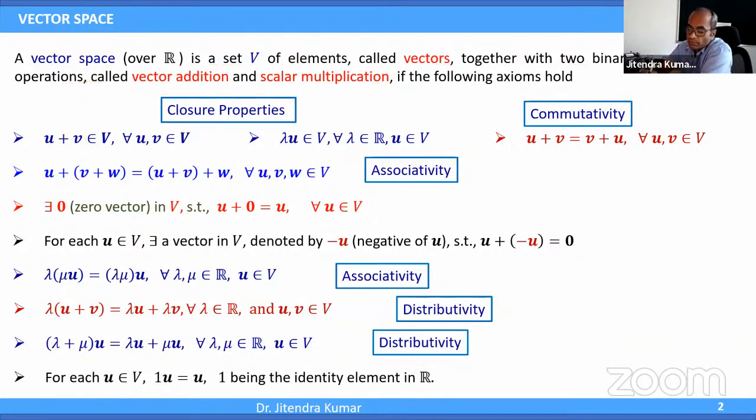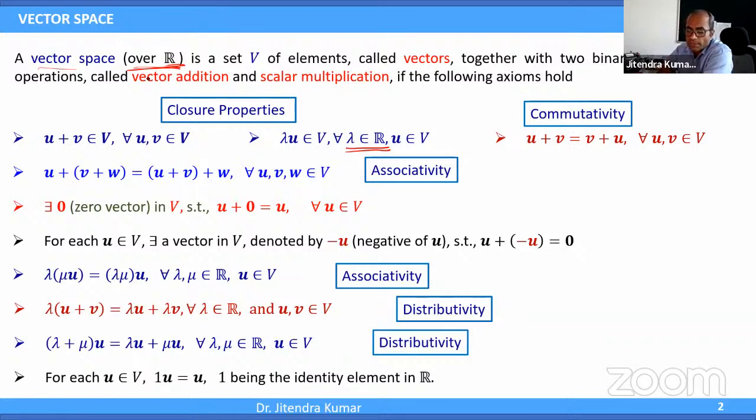The second property is that lambda belongs to the set of real numbers, which can be generalized to what we call a field, but here I'm just restricting this vector space over R. So R is not necessarily the set of real numbers, it can be a more general set called a field, but I'm not going into those details.